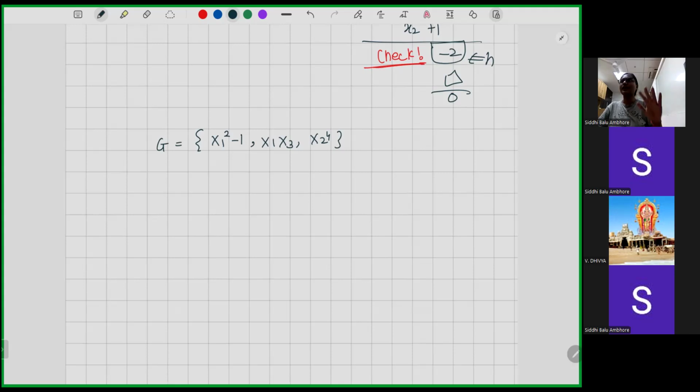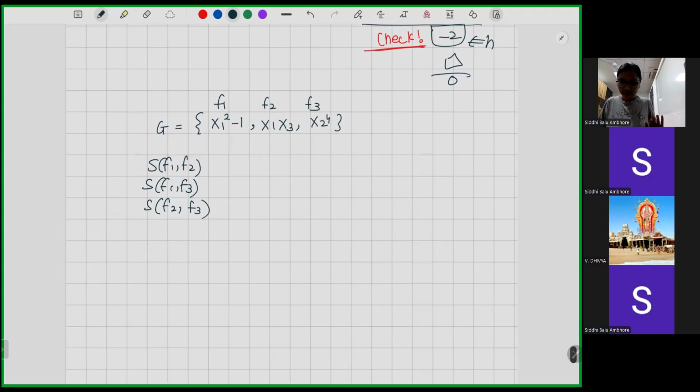I first have to find all the S pairs and check which do not leave the remainder 0. So if I call these F1, F2, F3, I have to find S(F1, F2), S(F1, F3), S(F2, F3), right?